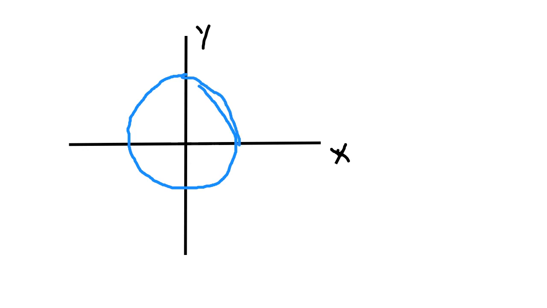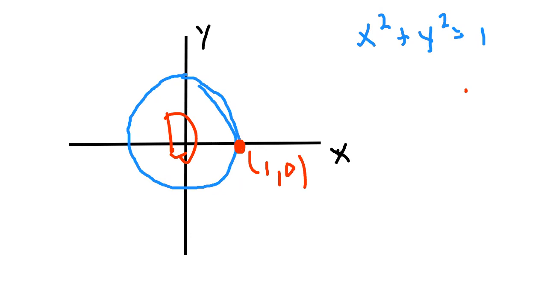All right, and this circle is, say, x squared plus y squared equals 1. Now, say this is your region D. In section 12.4, they call it region R, but let's just call it region D.